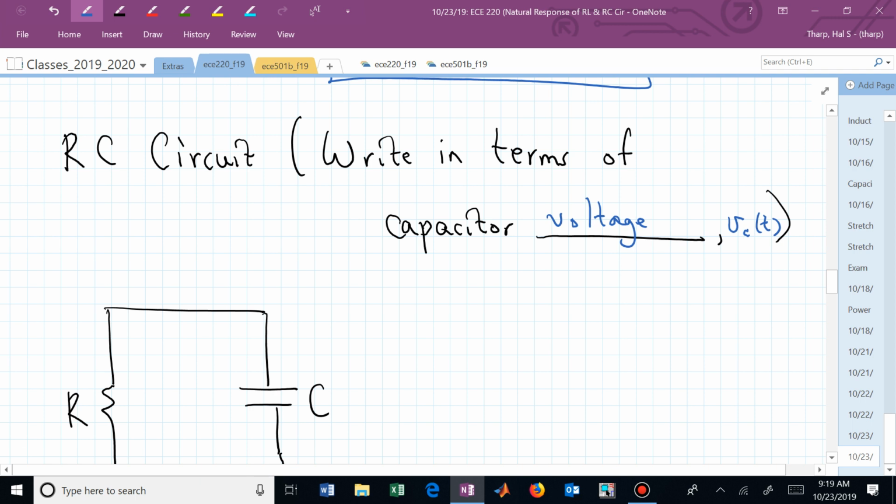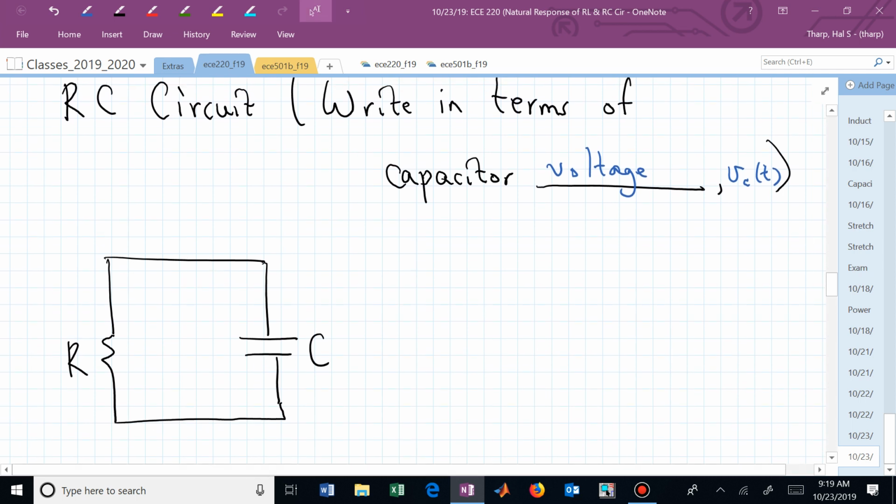And now, what if we want to write the dynamic equation describing the behavior of that circuit, what would you guess we want to use now? KVL or KCL? Remember, inductors and capacitors are duals. So we've already used KVL for the inductor.